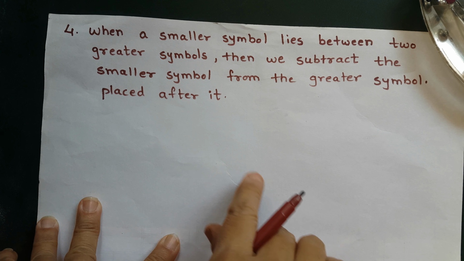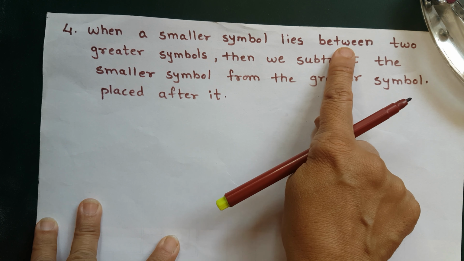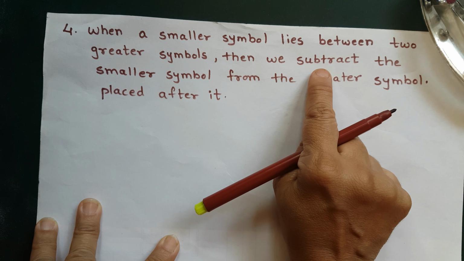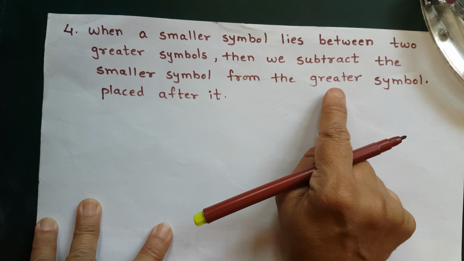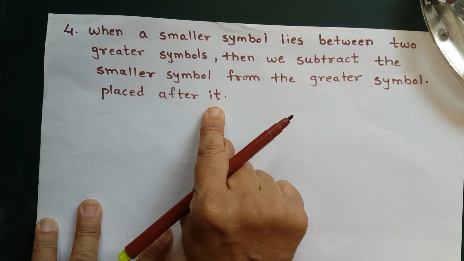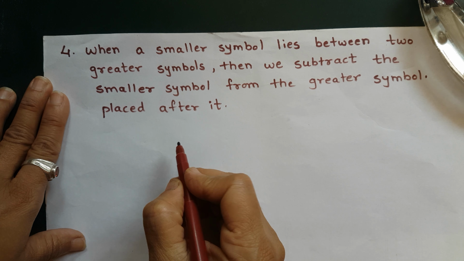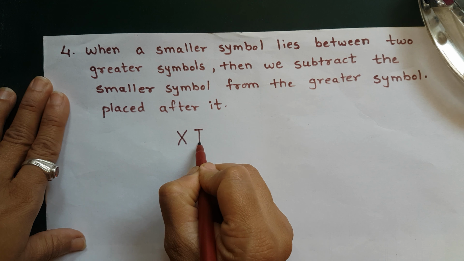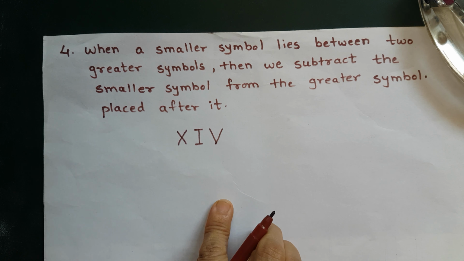Now the next rule is when a smaller symbol lies between two greater symbols, then we subtract the smaller symbol from the greater symbol placed after it. Let's see this rule with example. Now I will write X, I and V. Now see the rule.